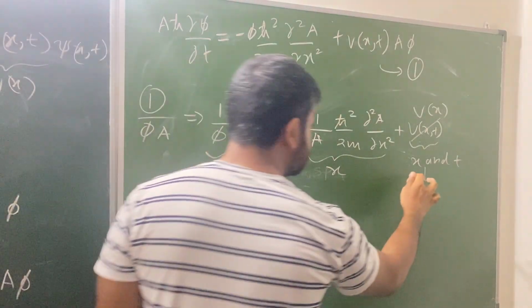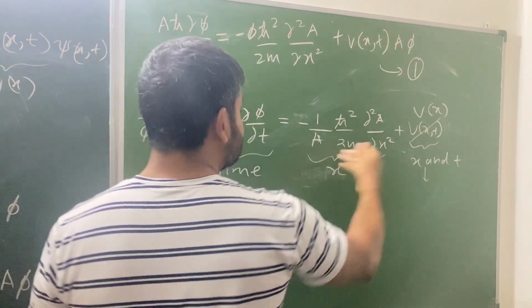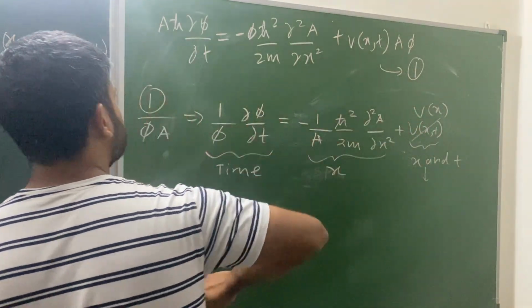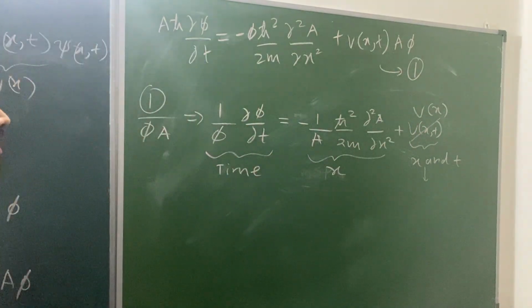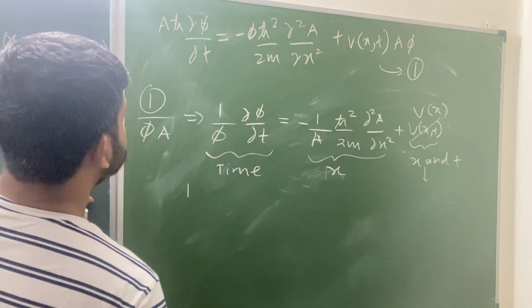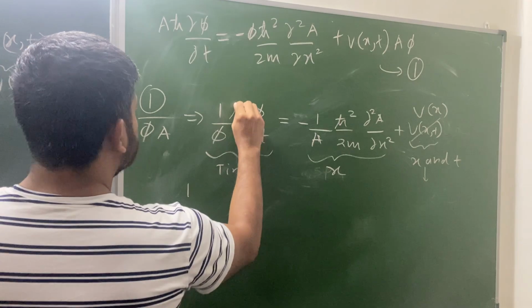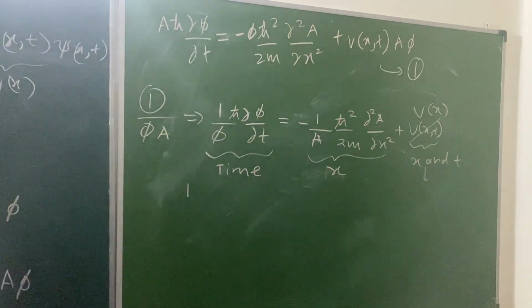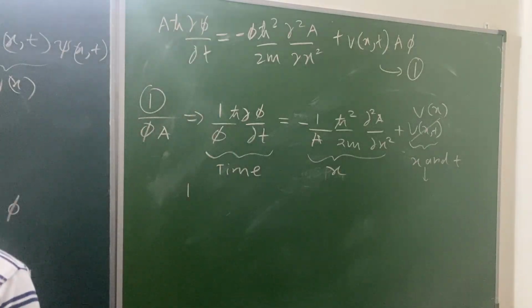The reason is that now this entire right side depends only on x, while the left side depends only on time. So now let me modify this equation in this manner. Even here I forgot to write h bar. It doesn't matter, those are minor mistakes; h bar is still a part of this one.